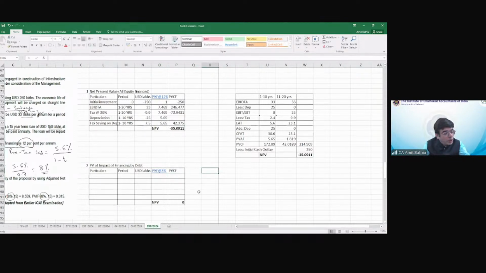Yes, we are told over here, the language used in the question. Here we are told post-tax cost of debt, right? Yes, sir. Post-tax cost of debt is 5.6%, right? Tax rate 30%.